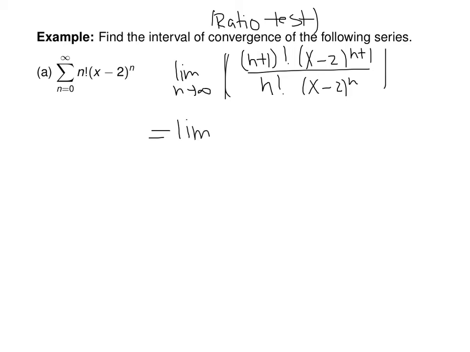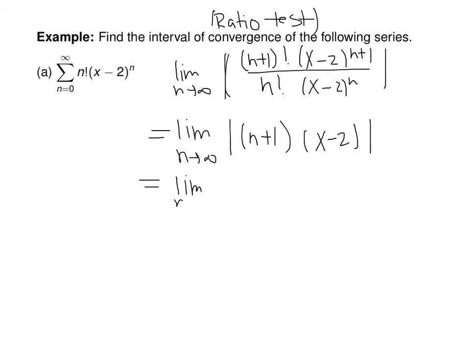So remember that n plus 1 factorial is n plus 1 times n factorial. So I will have n plus 1 multiplied by a singular x minus 2. So this is the limit as n goes to infinity of n plus 1 times the absolute value of x minus 2.